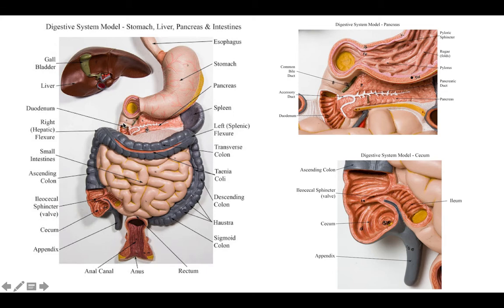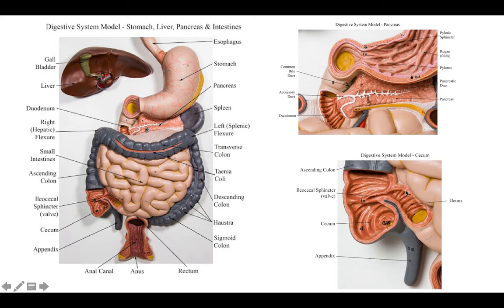And here in the duodenum, you probably remember from lecture that you're going to have glands that secrete mucus, and that's really to protect the duodenal lining from the acid chyme coming from the stomach. That's very important for the duodenum. You'll probably hear duodenum used more in medical settings.